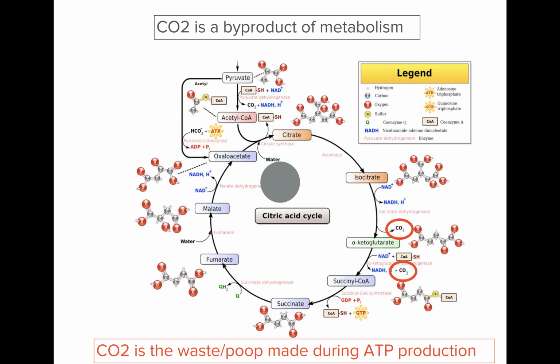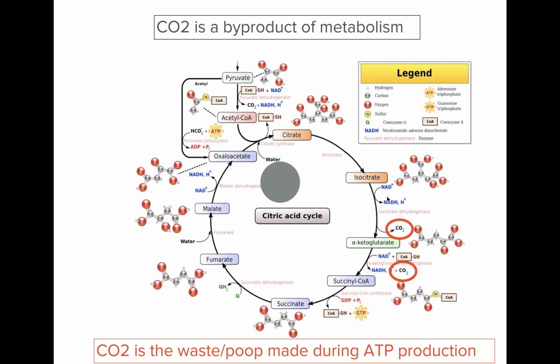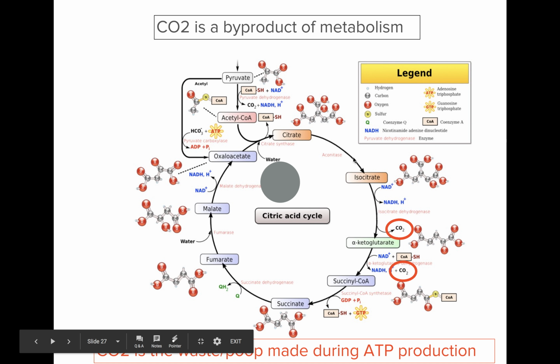Carbon dioxide, though, is a waste product during all of this process. You can see that as we're metabolizing glucose, for example, we get into this cycle where we're breaking down these products and making energy. However, we're also making CO2 as a waste product.